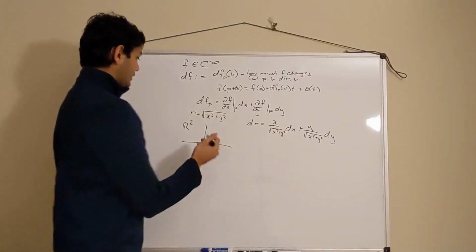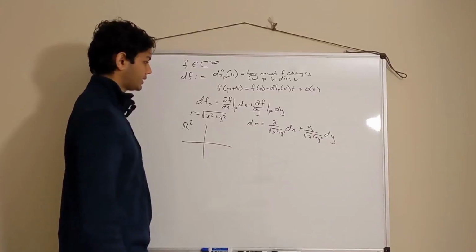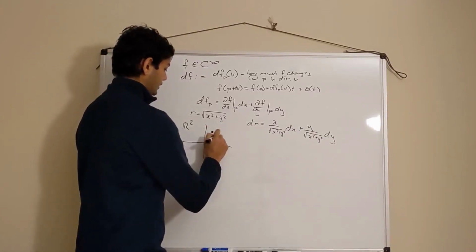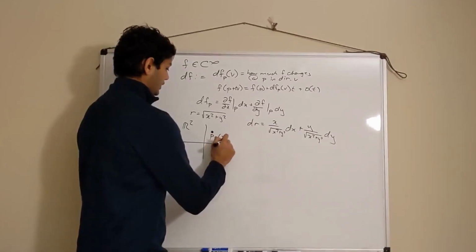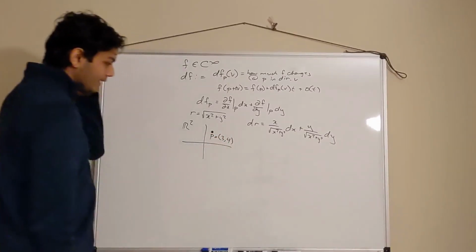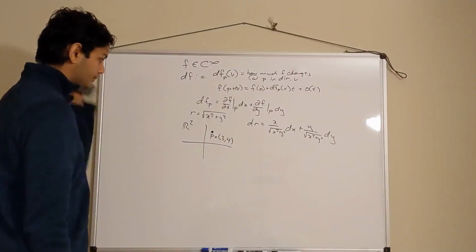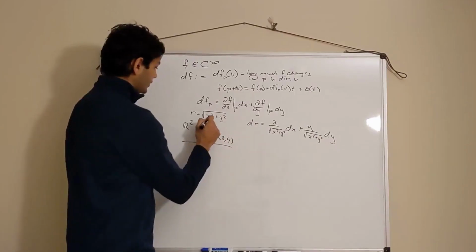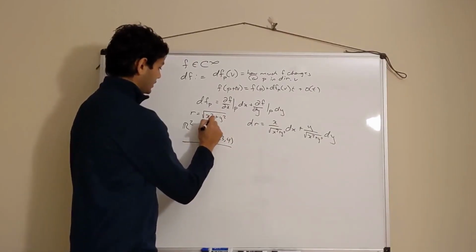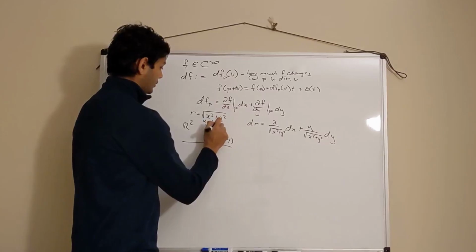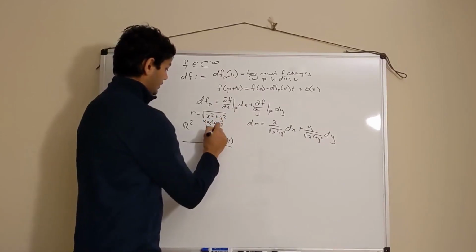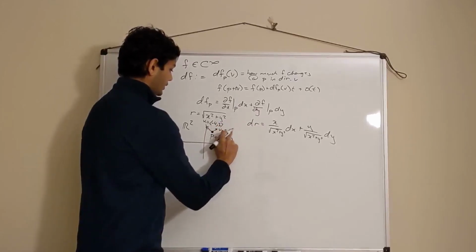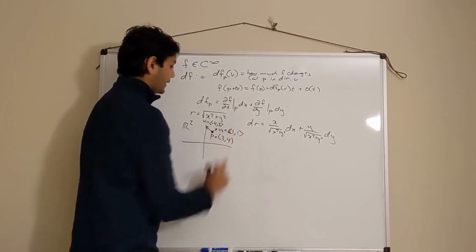Let's see what this looks like at some specified vectors. Let's say that we take the point p equal to (3, 4), and let's take two vectors and evaluate dr on them. Let's say v1 is equal to (-4, 3) and v2 is equal to (1, 1).